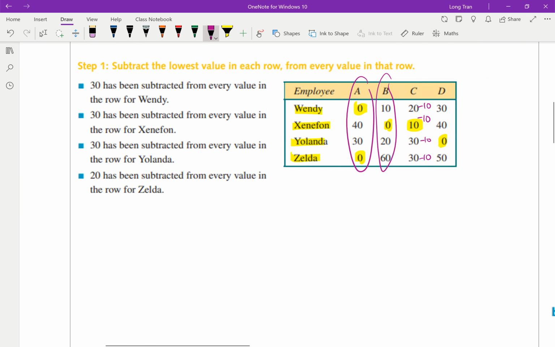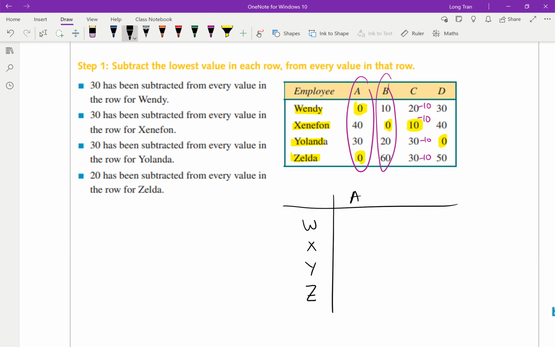So now my matrix is Wendy, Xenophon, Yolanda, Zelda, A, B, C, D. I still have 0, 40, 30, 0. B is still 10, 0, 20, 60. But now this has become 10, 0, 20, 20.